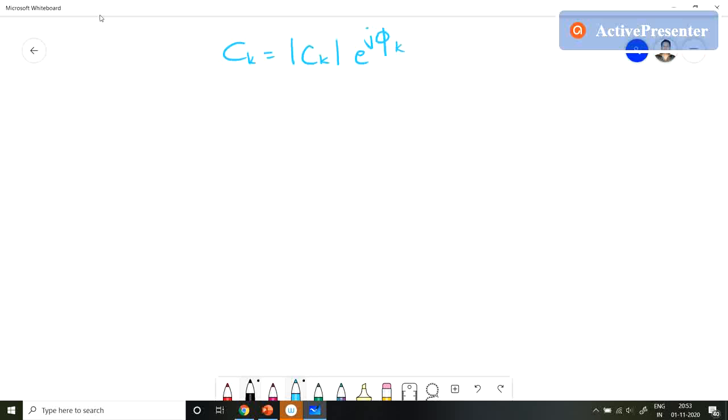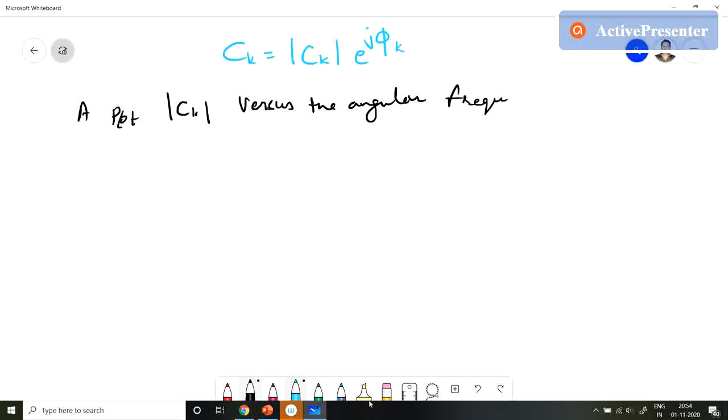A plot of modulus of ck versus the angular frequency omega is called the amplitude spectrum of the periodic signal x(t).